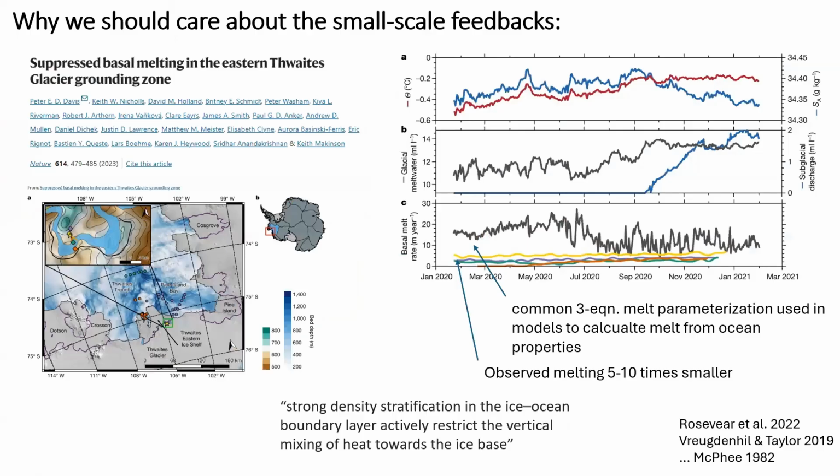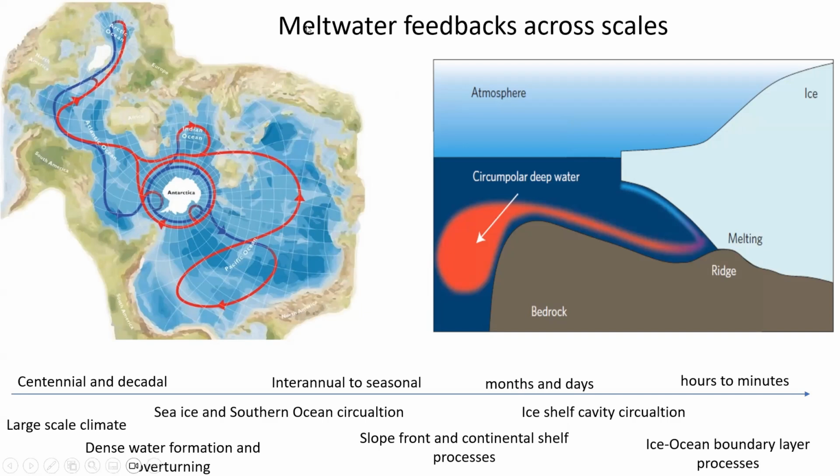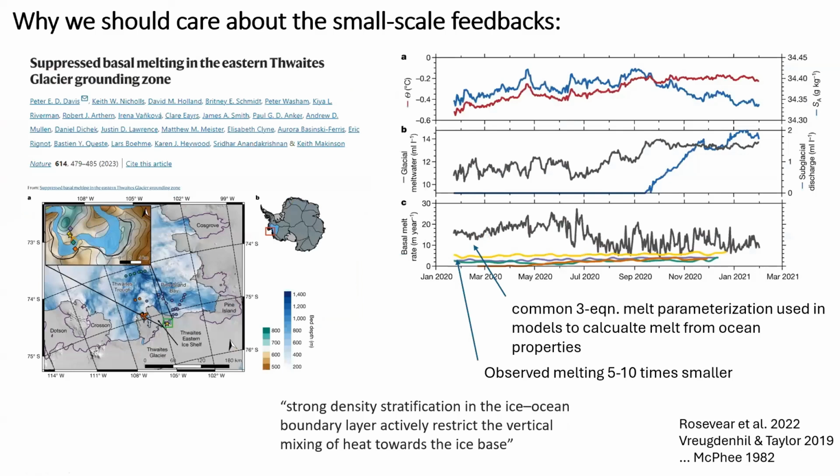One last thing I want to say, why we should care about these small scales, the stuff to the very right here, the melting at the ice-ocean boundary processes. Simply what this paper nicely demonstrated is that if you go out and measure melt rates, you get completely different results than what we get out of the theory that is used in most of the models.